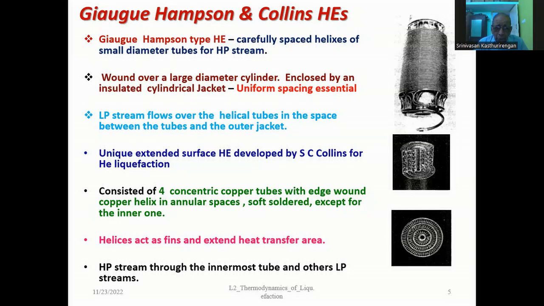This entire set of tubing ought to be wound over a large diameter cylinder, and this large diameter cylinder is enclosed by another insulated cylindrical jacket. The spacing between the two cylinders should be quite uniform, and uniform spacing is absolutely essential to make sure there is proper heat transfer between the low pressure stream and the high pressure stream.